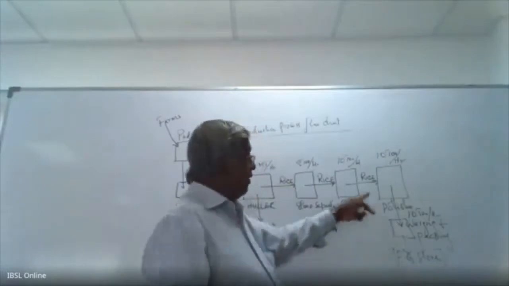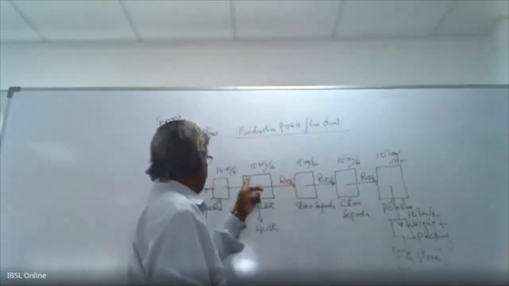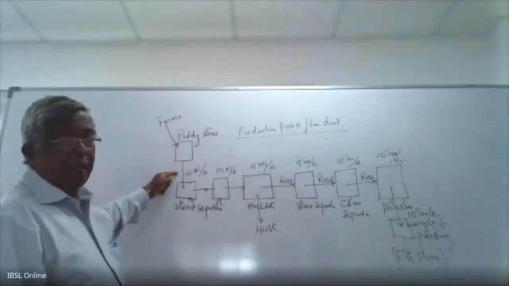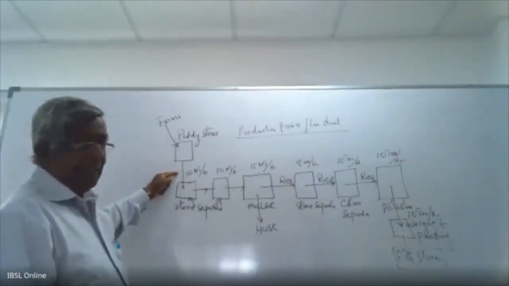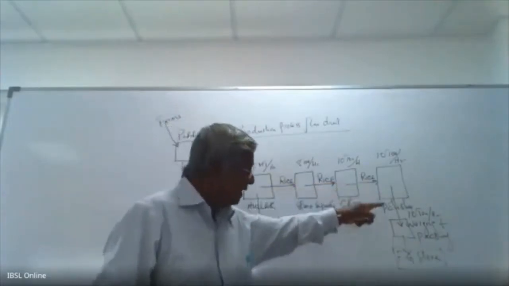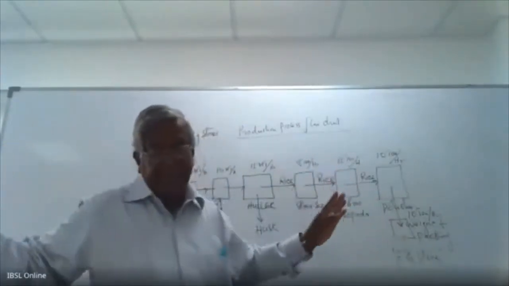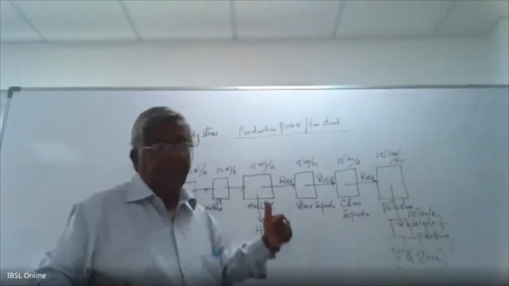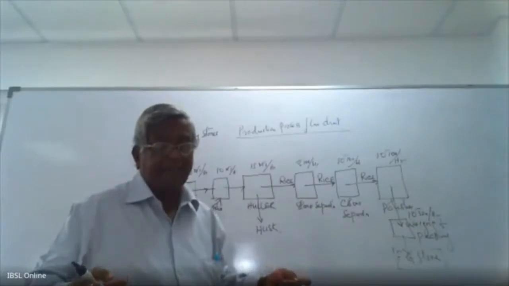So in order to avoid bottleneck, though it is 10 metric ton, we have to reduce the quantity of paddy sending. Then only without the bottleneck it will pass on, but finally you will get only 8 ton rice per hour. So we call it capacity imbalance.